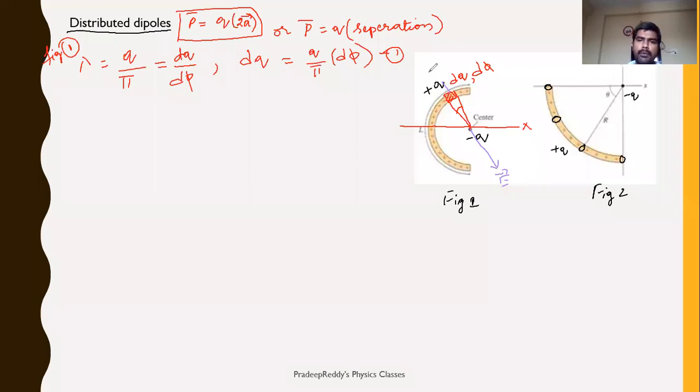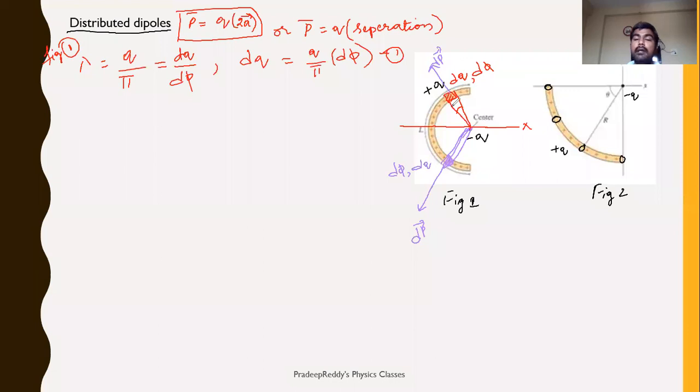We are dealing with dipole moment, so forget about E bar and take only p bar. P bar is upward. Now take a very small element over here. This element also has charge dq and subtends an angle d phi. Because of this, the dipole moment will be in this direction, p bar.